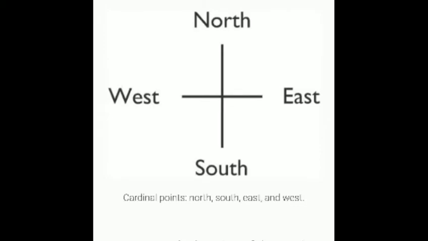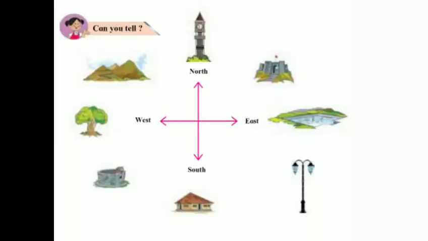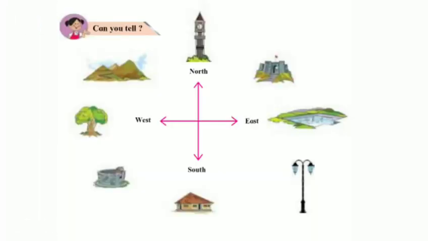See students, we have already learned the main four directions. Now we will see the sub directions from this compass rose. Now students, coming to page number 81, you can see some pictures and directions are also given. See, in the east there is a lake.